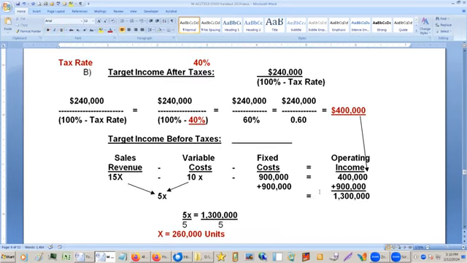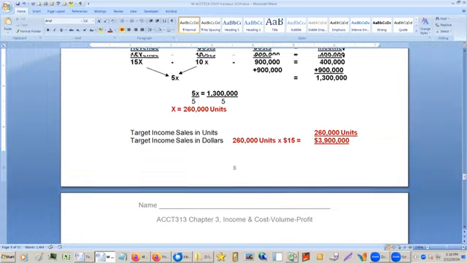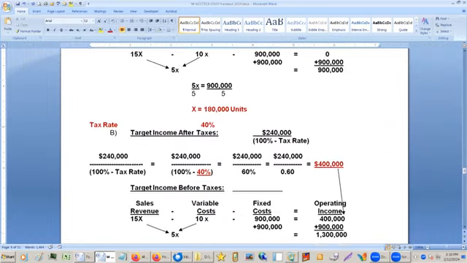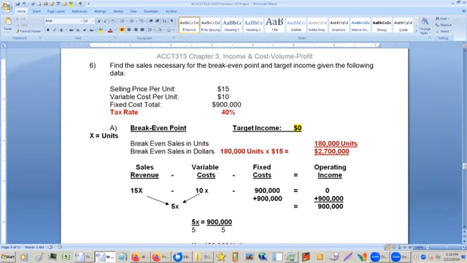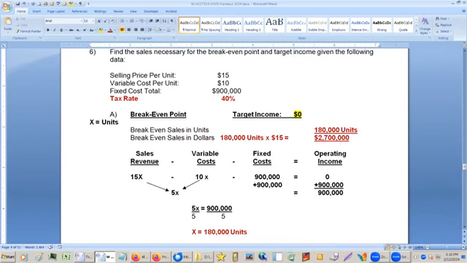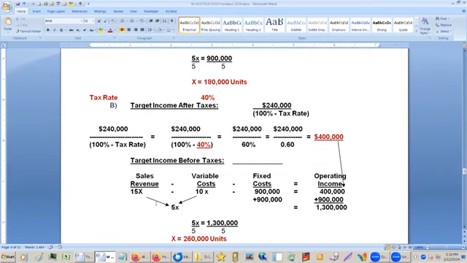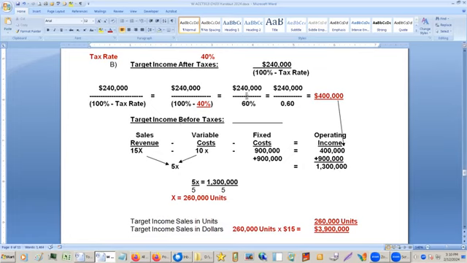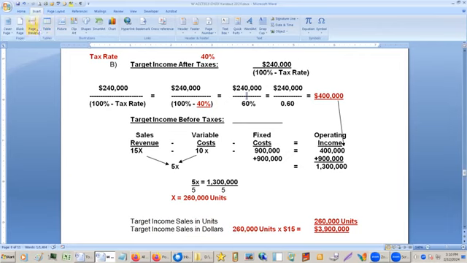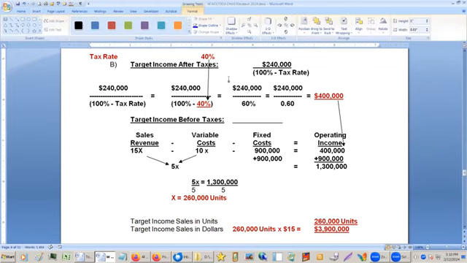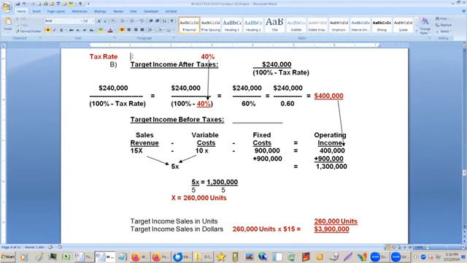Okay, so this is what you should have gotten for, well, here's the break even for number 6, which is probably doing your sleep by now. But the tax rate one, let me do this differently.